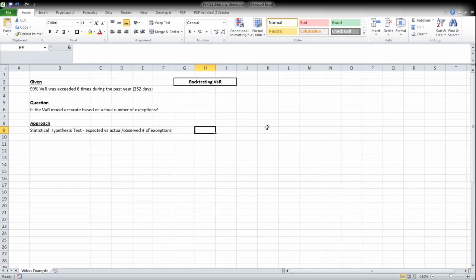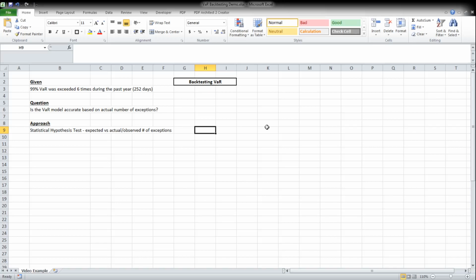So backtesting is one of the very handy model validation tools, along with stress testing and others, that will tell us if our model is reliable or not. We will employ what's called the hypothesis test, which we've used a lot in statistics.